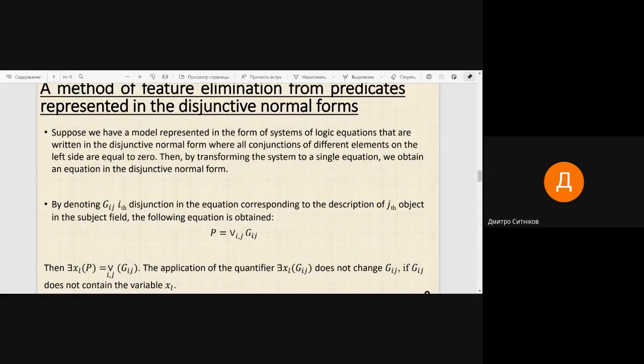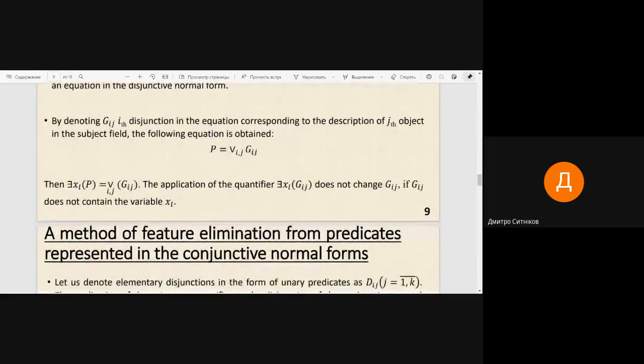Suppose we have a model represented in the form of systems of logic equations that are written in the disjunctive normal form, where all conjunctions of different elements on the left side are equal to 0. Then, by transforming the system to a single equation, we obtain an equation in the disjunctive normal form.